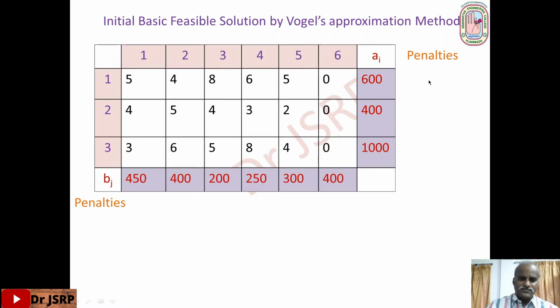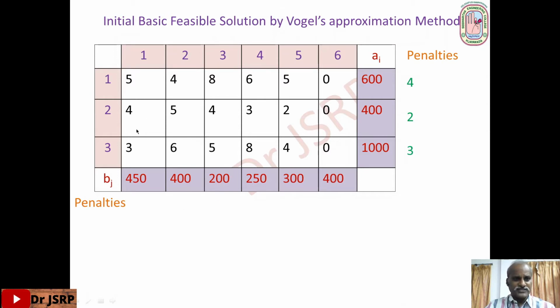What is a penalty? The difference between the least cost and the next to least cost. In the first row, least cost 0, next to least cost 4, so the penalty is 4. Second row, least cost 0, next to least cost 2, difference is 2, so the penalty is 2. Third row, least cost 0, next least 3, difference is 3.